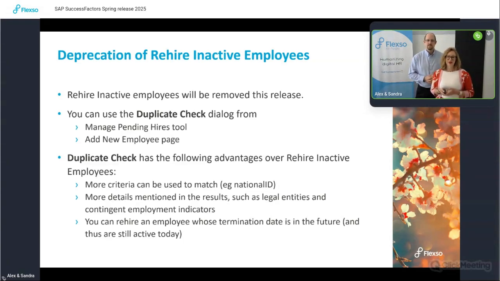There are more details mentioned in the search results themselves, so you can see legal entities and contingent employment indicators and so on. And of course, you can also rehire an employee whose termination date is in the future, so an employee who is active as of today, but has already termination registered in the future, and this was also not possible with the rehire inactive employees page. So also here are some improvements.